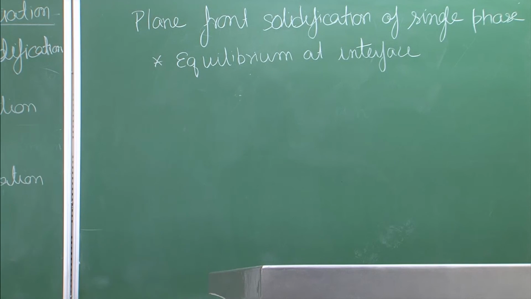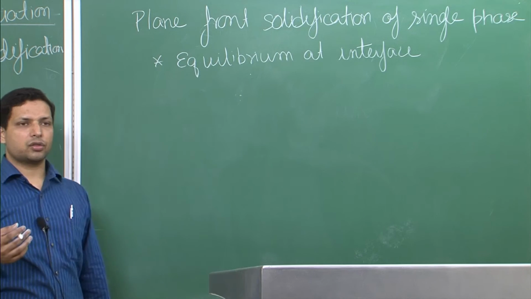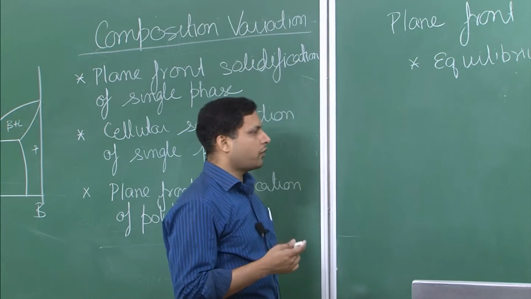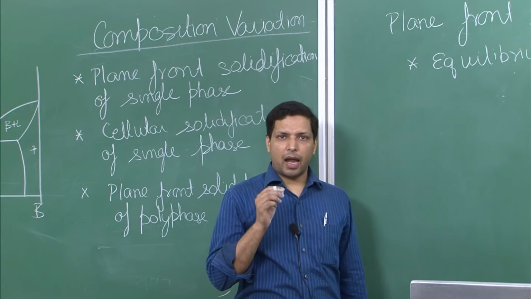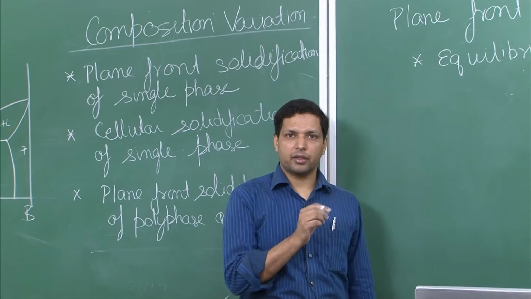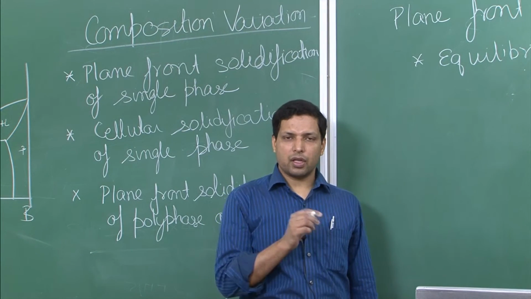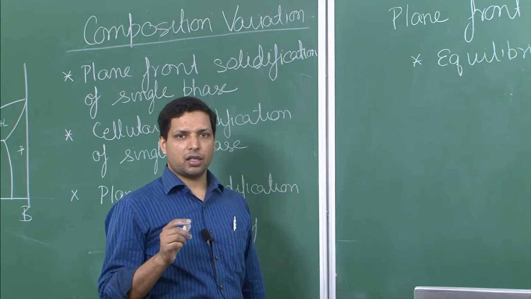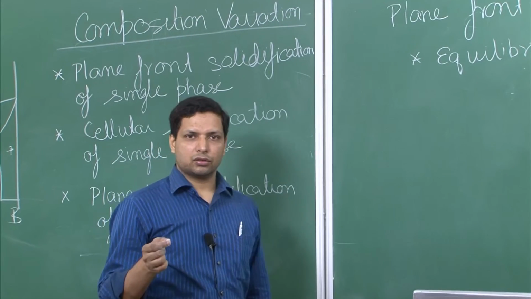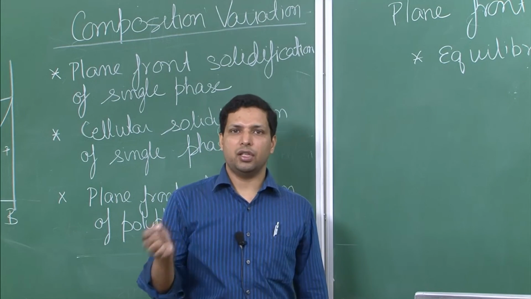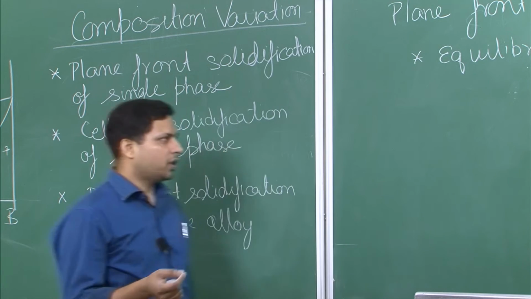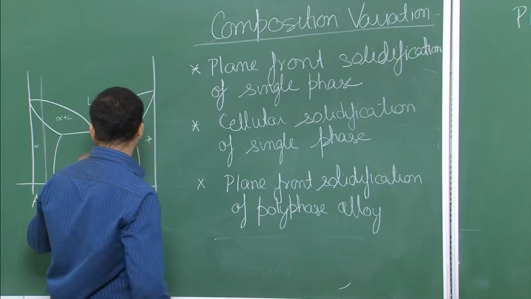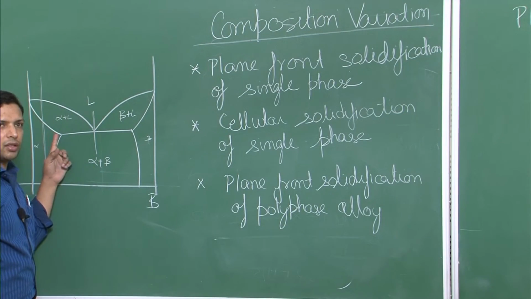What do we mean by equilibrium at interface? Here is the solid and the liquid interface. When we are doing the solidification just at the interface, we always assume in these cases that there is equilibrium, meaning the solid and the liquid atoms can easily join or detach, based on what is decided by the phase diagram.